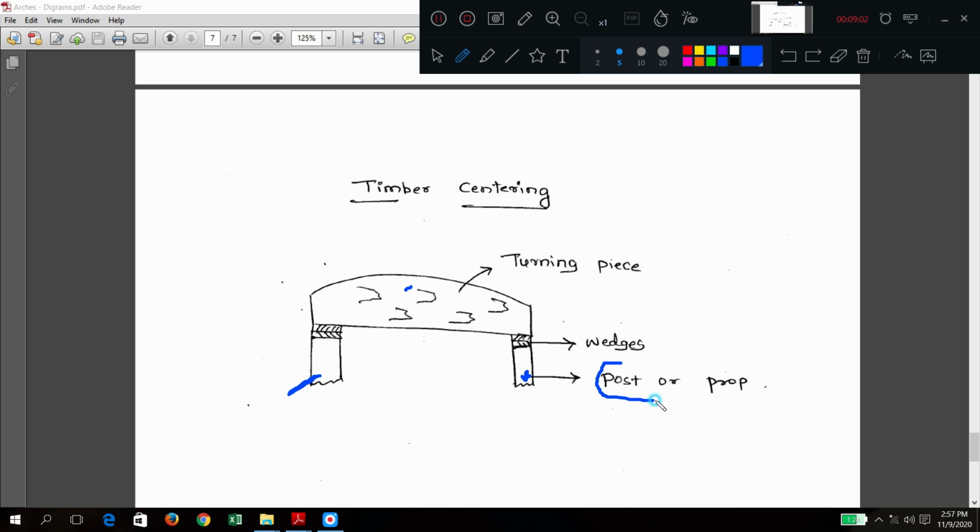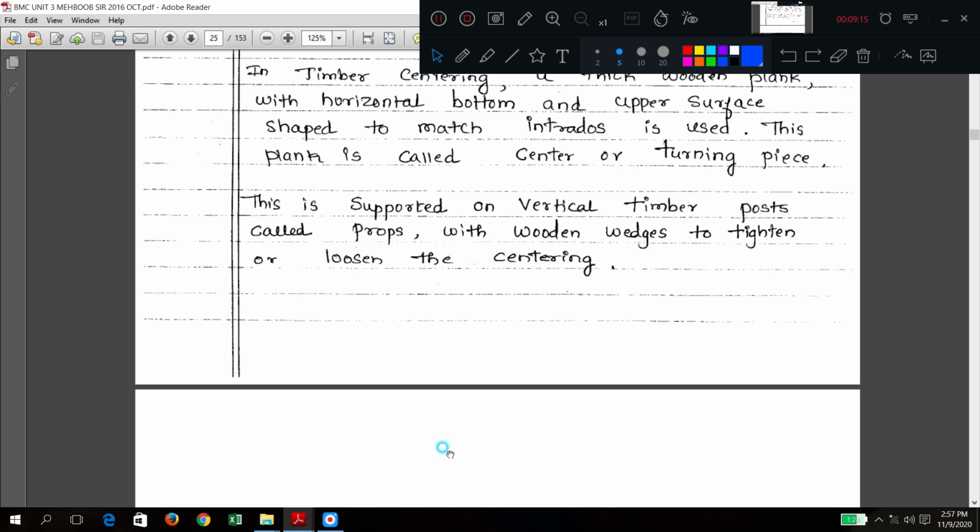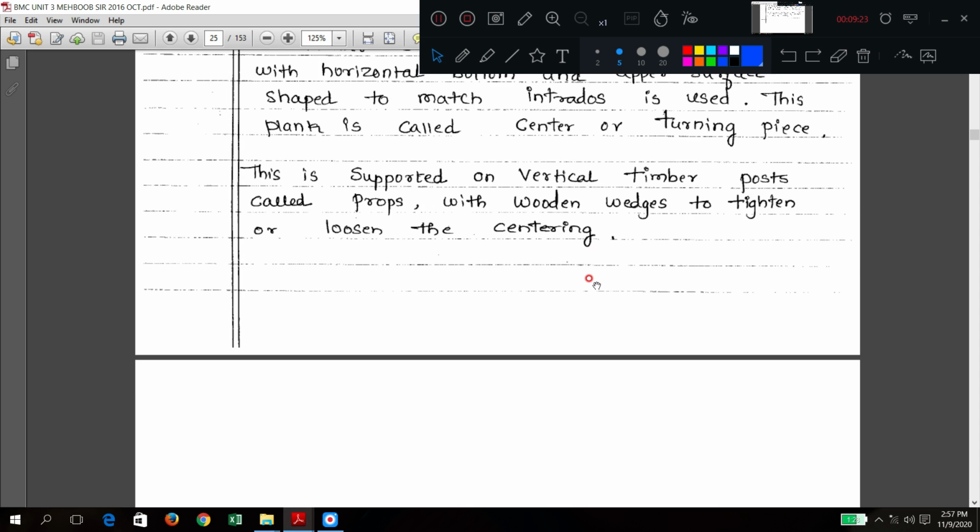Vertical members are called post or prop. Height can be adjusted using these wedges. That's all.